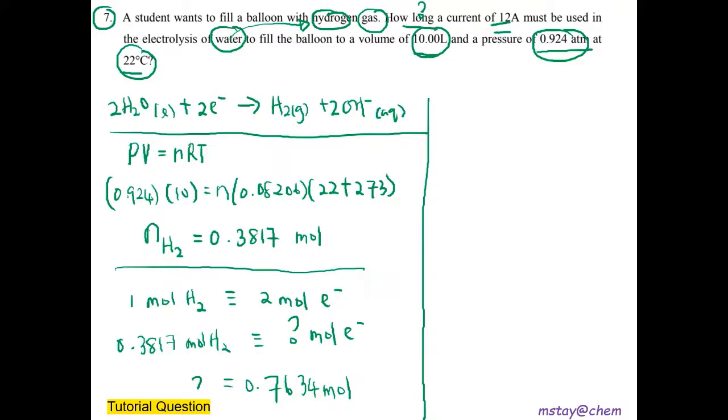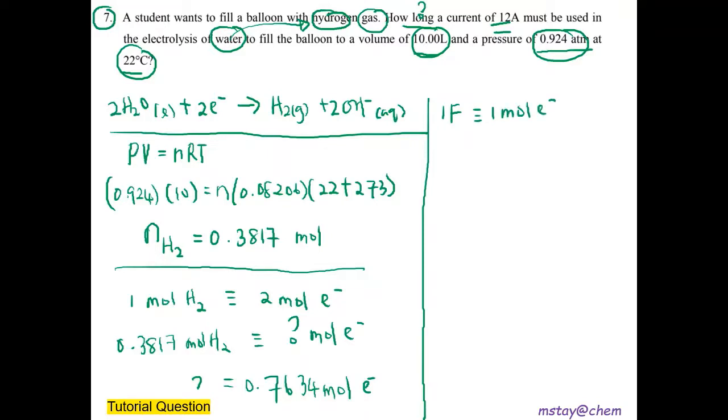Okay, then now here we know that we have 0.7634 mole of electrons, and we convert it to coulomb. 1 Faraday means 1 mole of electrons.